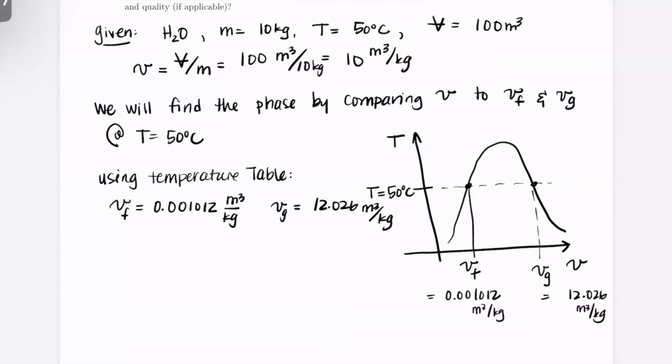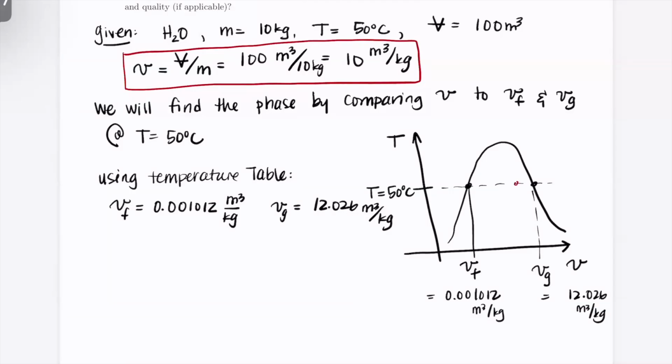So where does our V stand on this line? Any thoughts? Yeah, closer to VG, but under the vapor dome, right? So we're about here-ish, right? So what does this mean?